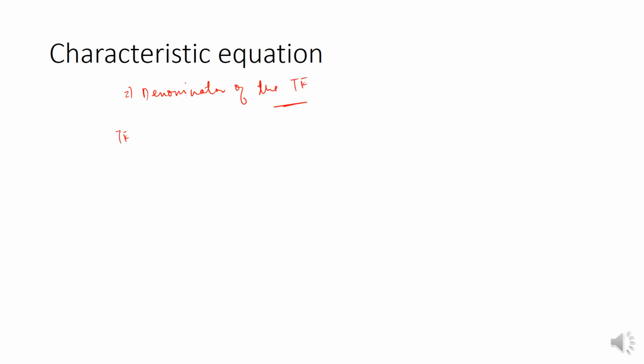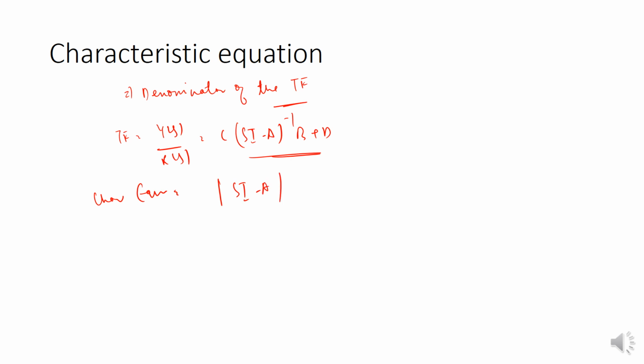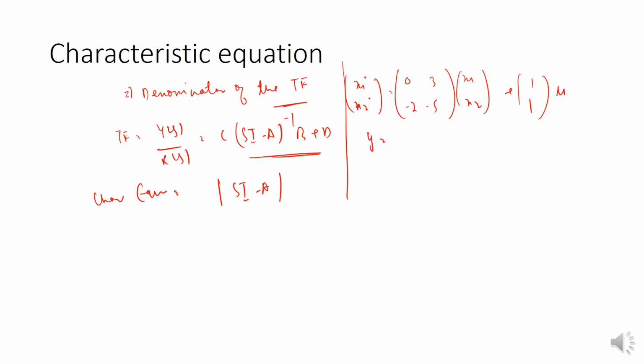So the transfer function Y of S by X of S is given by C into SI minus A whole inverse into B plus D. Now the characteristic equation is given by mod of SI minus A. Suppose I want to do this for our earlier example: x1 dot, x2 dot is equal to 0, 3, minus 2, minus 5 times x1, x2 plus Bu, y is equal to 2 1 times x1, x2.